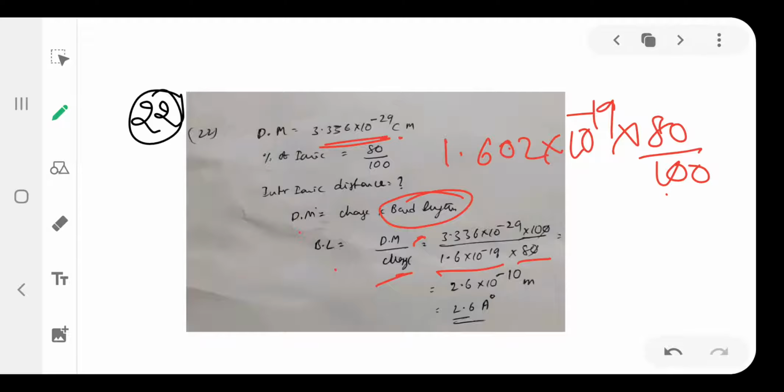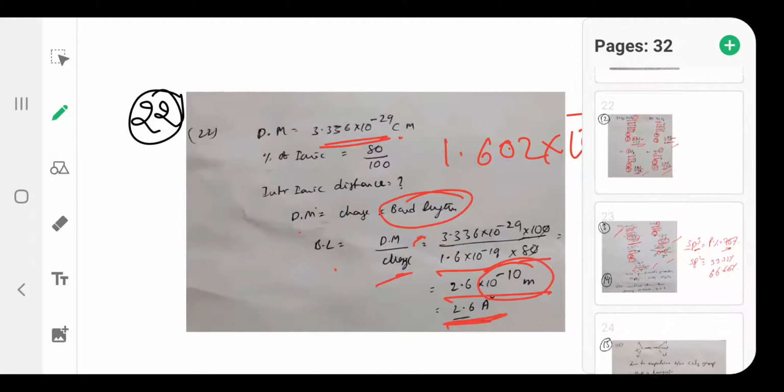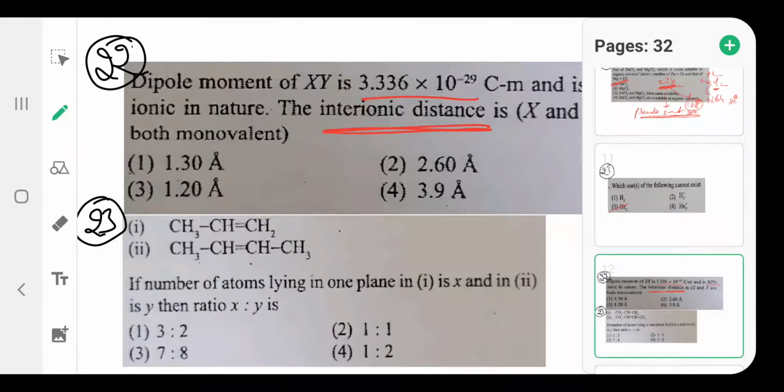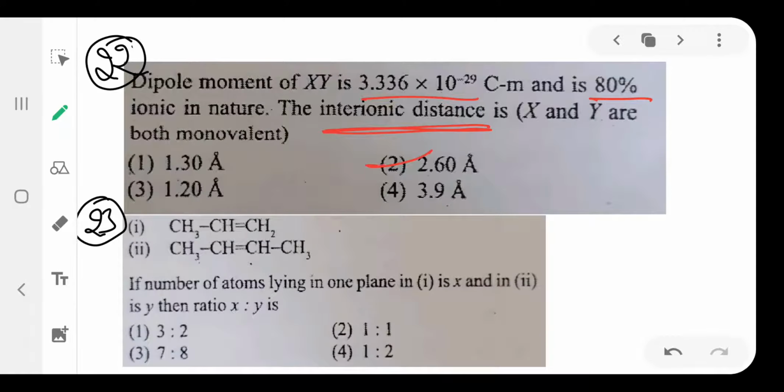In the denominator, 80 by 100 becomes 100 by 80, then the zeros cancel, and the total value is 2.6 into 10 power minus 10 meter. That is equal to 2.6 angstrom. Therefore the answer is 2.6 angstrom, or 2.6 into 10 power minus 10 meter.